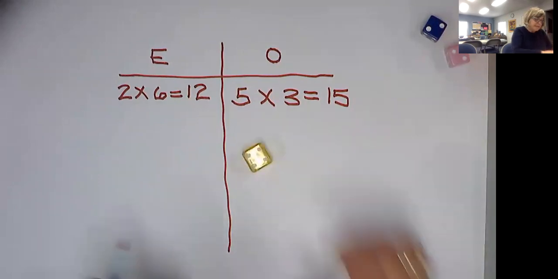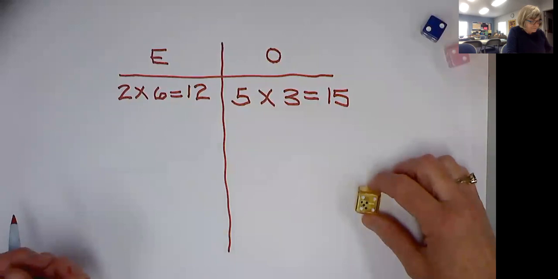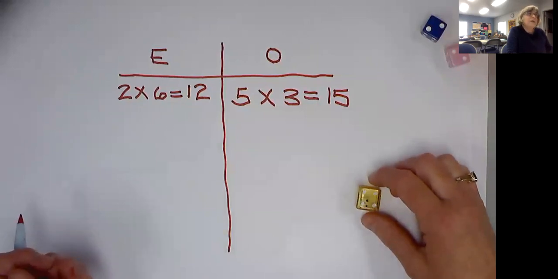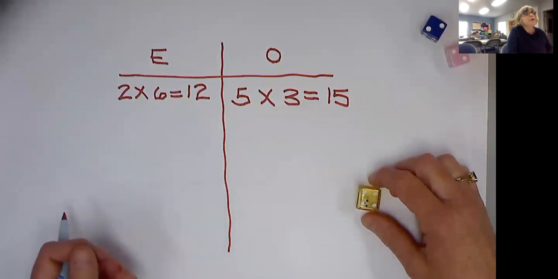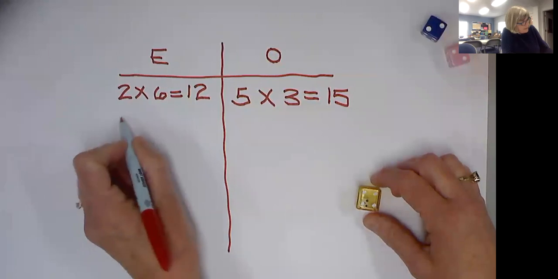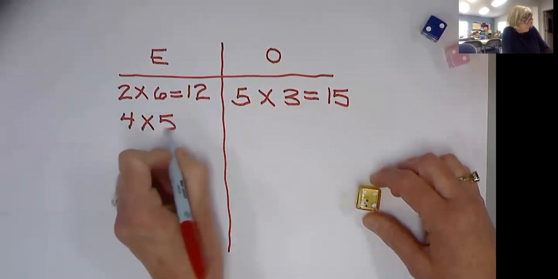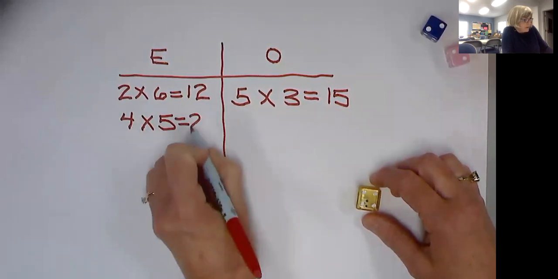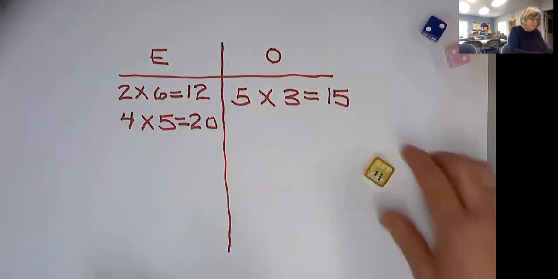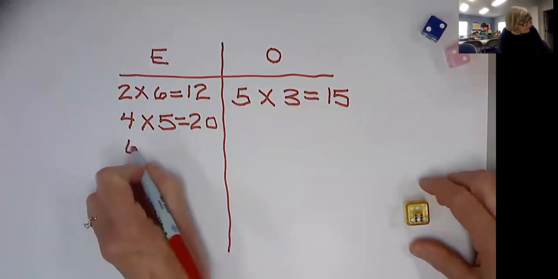Now I'm going to continue rolling. Oh, I rolled a 4 and a 5. 4 times 5, that means 4 groups of 5 or 5 groups of 4. Oh, that's right, that would be 20. And 20 is an even number. So I'm going to write that equation in this column. I'm going to continue to roll. 6 times 6, 36.